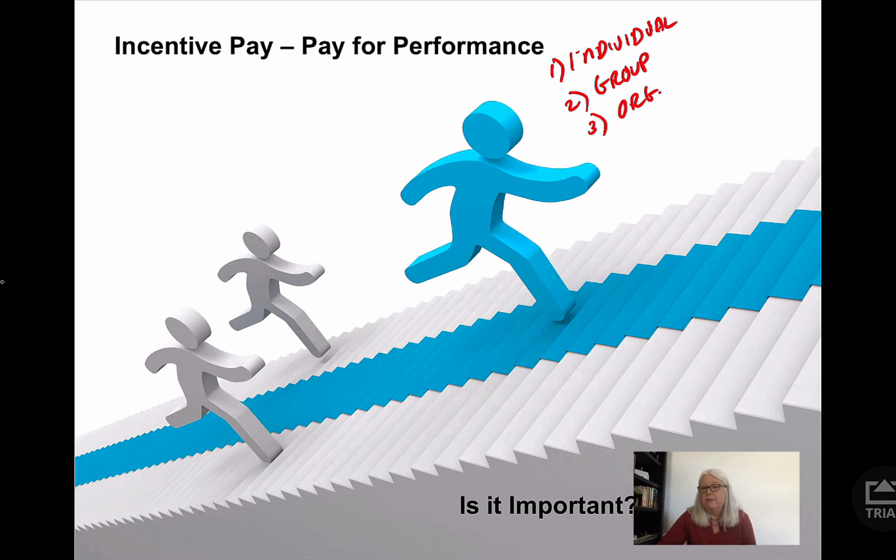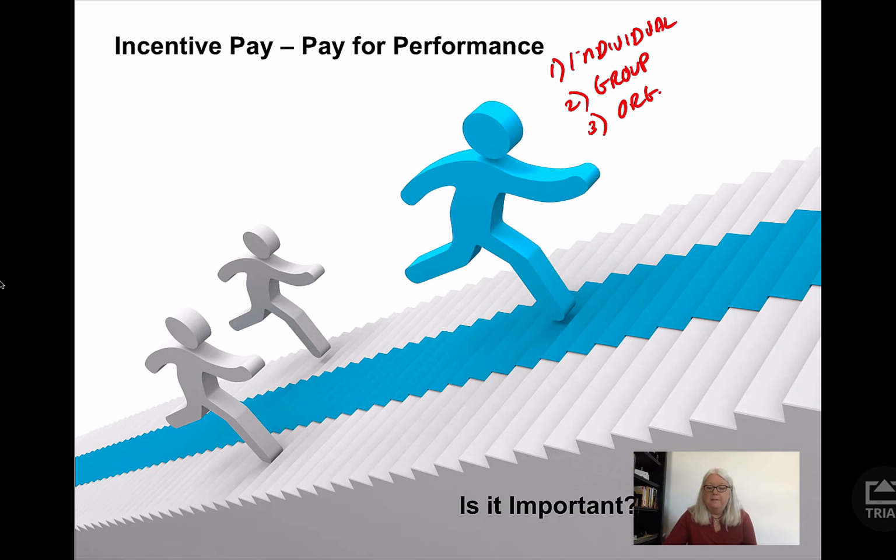They all should work together to incentivize people. So this is important because if we link it to performance, we will have certain behaviors or outcomes that we want to achieve. Hopefully employees will be motivated in the direction of the goals of the organization.